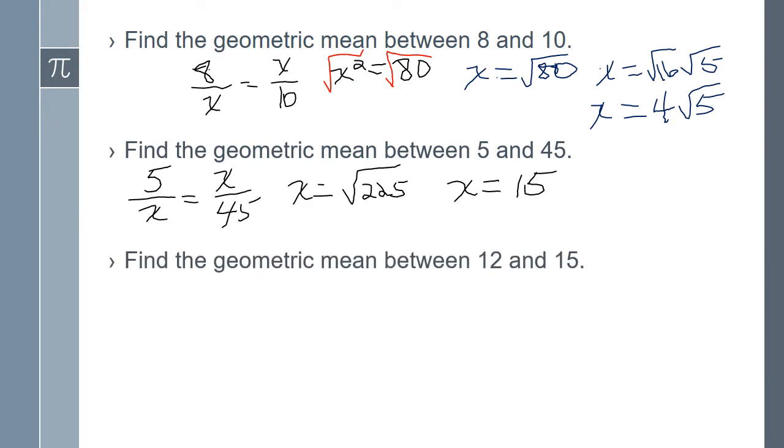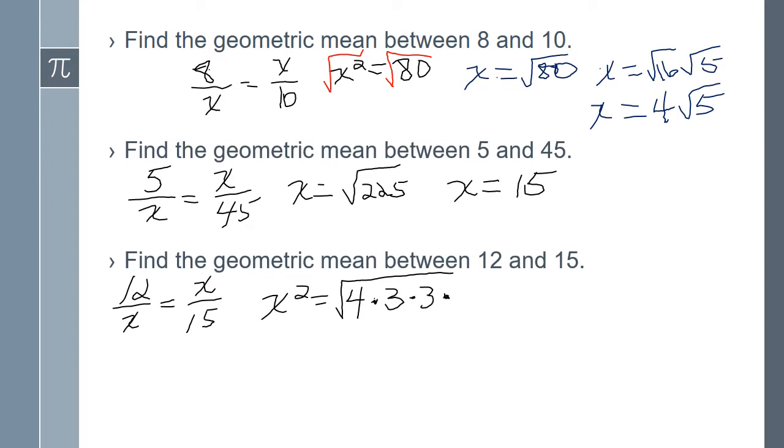Find the geometric mean between 12 and 15. So again, 12 over x equals x over 15. So x squared will equal, I'm going to show you a little trick here. I'm going to pull some of this apart. 4 times 3 is 12, but this is also 3 times 5. So I know that 3 times 3 is 9 there.